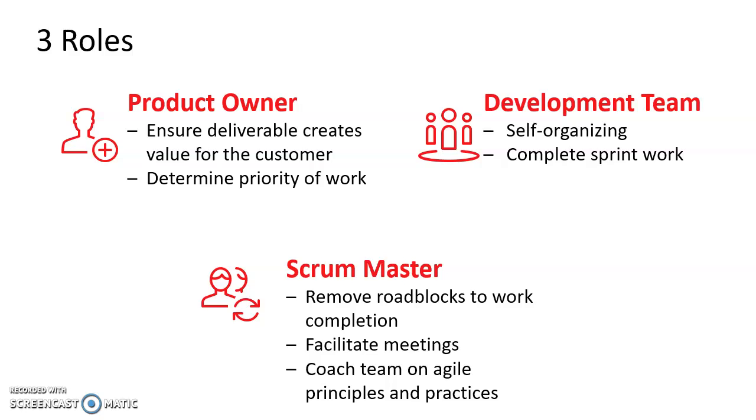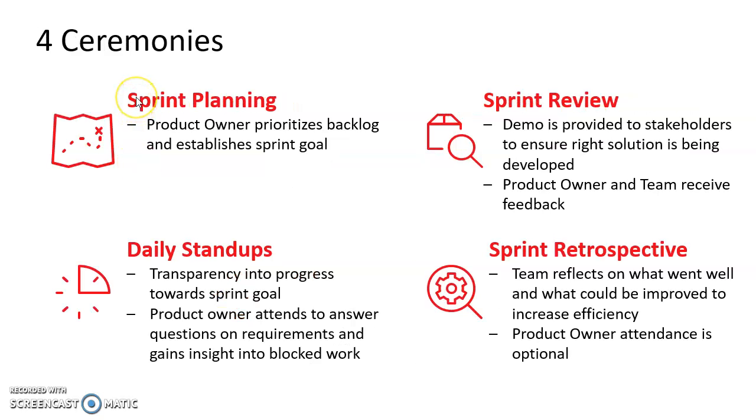So Scrum Master is more of a facilitator. The four ceremonies that we defined in slide 2: sprint planning, where the product owner prioritizes the backlog and establishes the sprint goal. Without a goal we cannot achieve anything, so we have to define the goals and then decide the tasks.